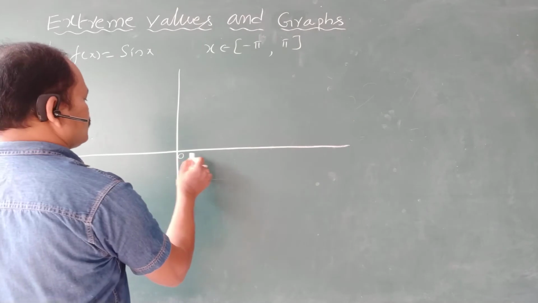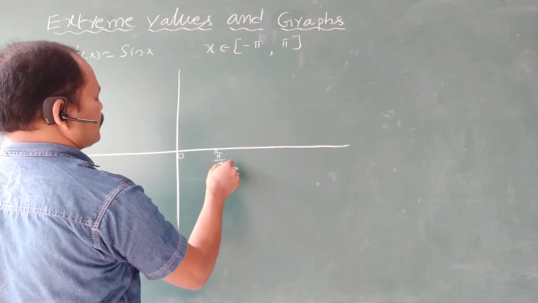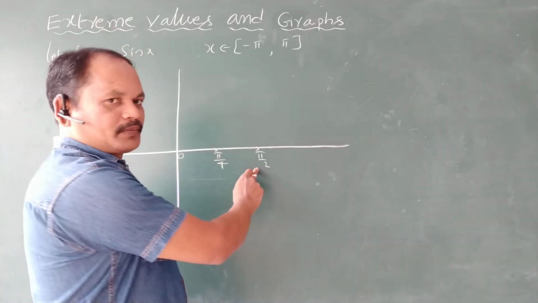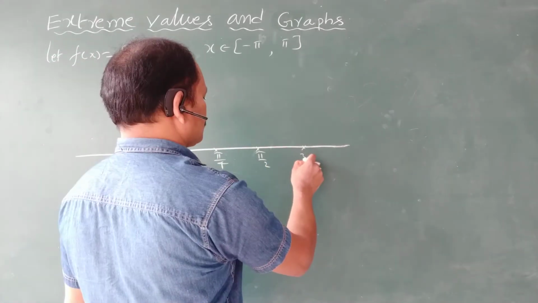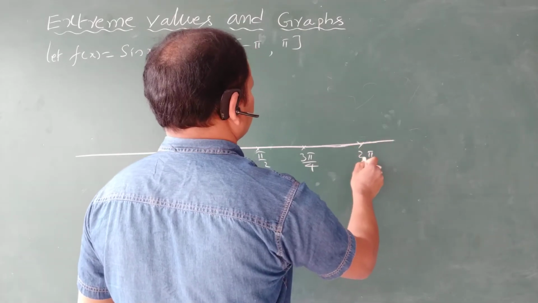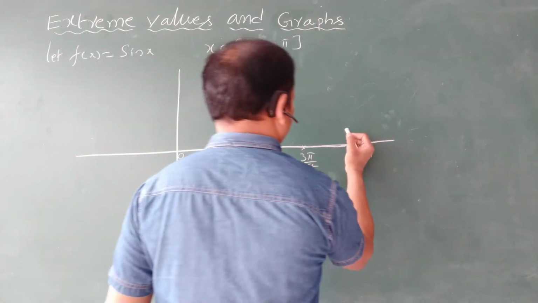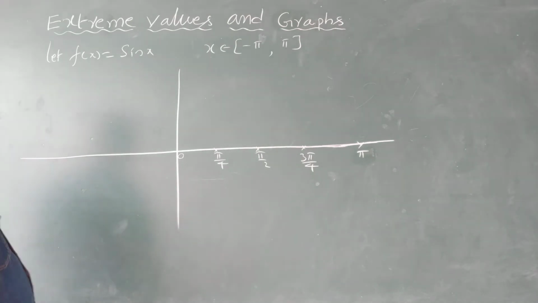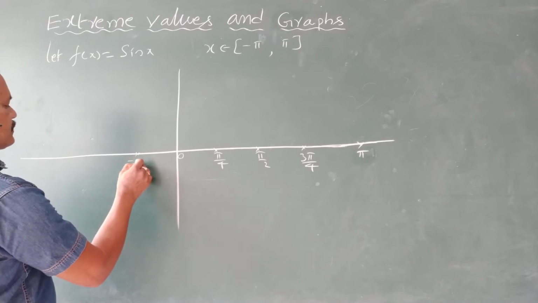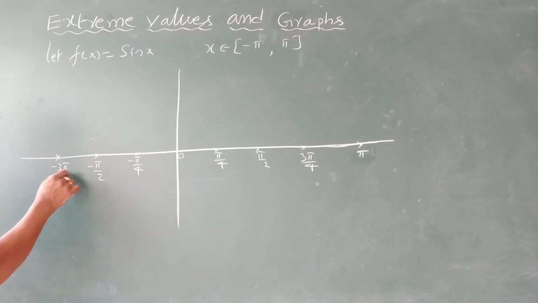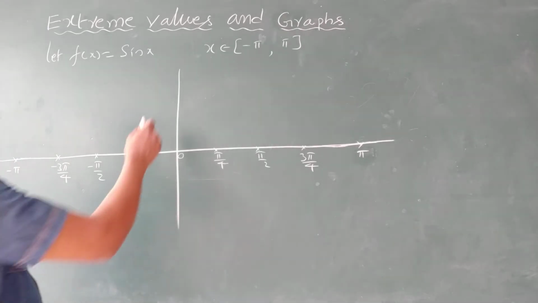Here it is 0, pi by 4, pi by 2, then 3 pi by 4, and pi. For the left side, here it is minus pi by 4, minus pi by 2, minus 3 pi by 4, and this is minus pi.